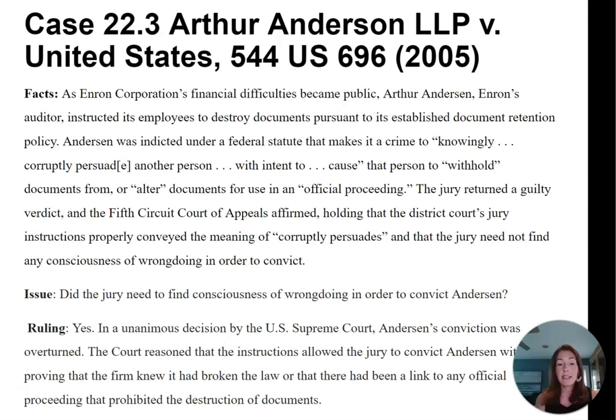So the firm didn't necessarily even know it had broken the law, or that there had been a link to any official proceeding that prohibited the destruction of documents. So it looked at that consciousness of wrongdoing, and it said that Anderson didn't show that.